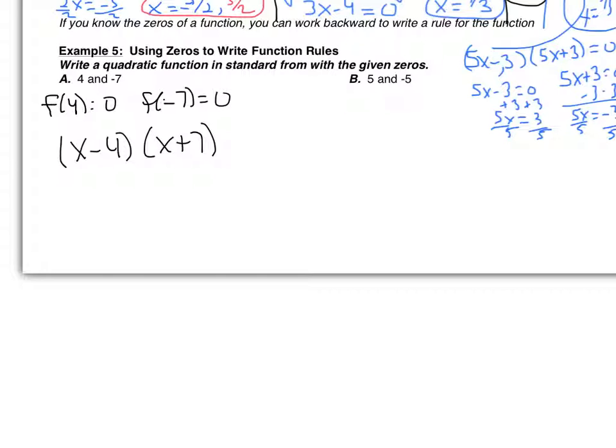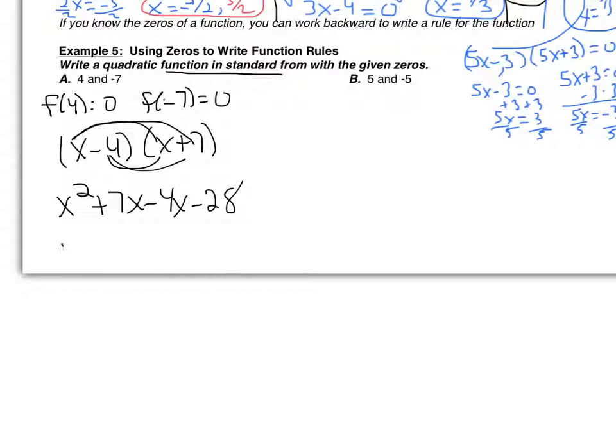And then they want us to write the function in standard form. So let's FOIL it out: x times x is x squared, x times 7 is 7x, and the insides are negative 4x, and the last are negative 28. Combine like terms, so I have x squared plus 7 minus 4 is 3x minus 28, and that is our function.